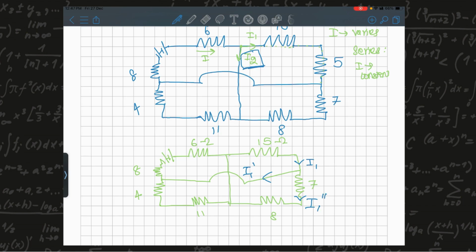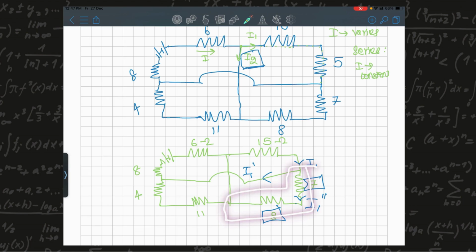So this I1 double dash then travels through this 7 ohm resistor and then across the 8 ohm resistor as well. But since there's no interconnection of any wires, the I1 double dash current just moves through both of these resistors as it is. So the I1 double dash remains constant throughout these wires.